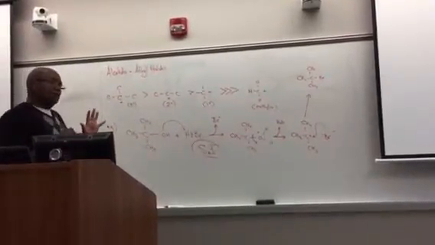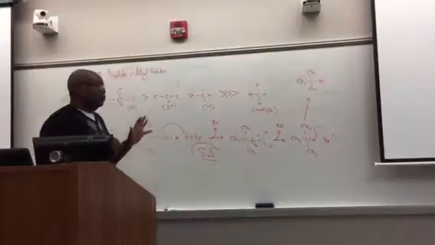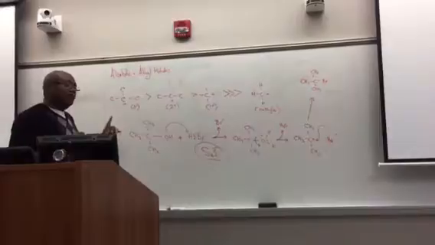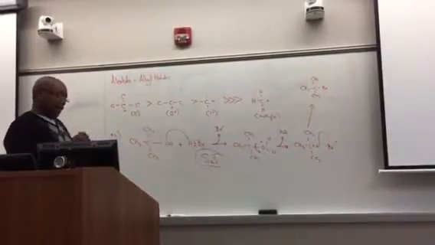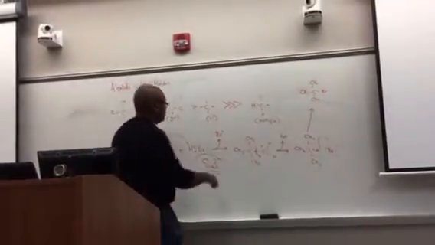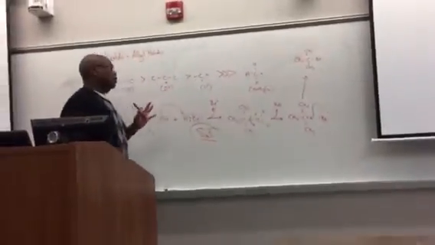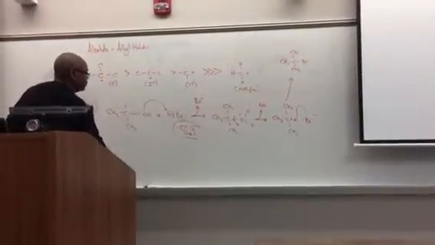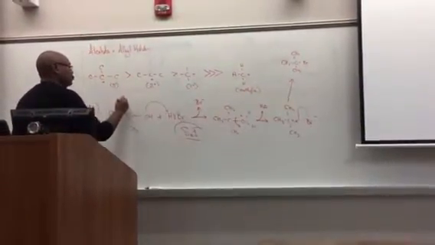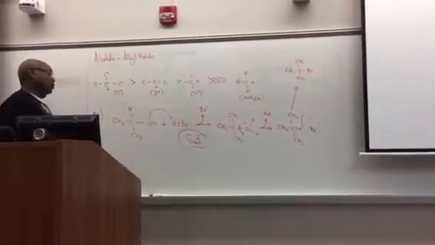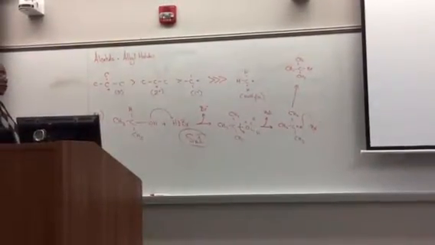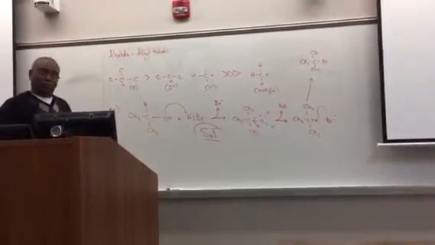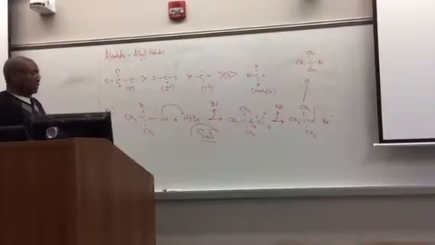SN1 is pretty much resigned to dealing with tertiary carbocations, tertiary alcohols. What if you're not dealing with a tertiary alcohol? Similar reaction, only the difference is let's replace one of the methyl groups with a hydrogen. So now I'm dealing with isopropanol, which is a secondary alcohol.